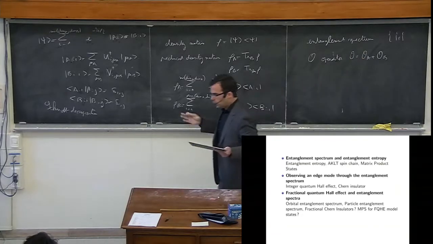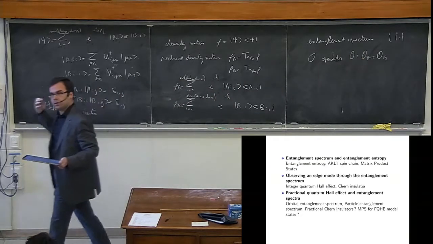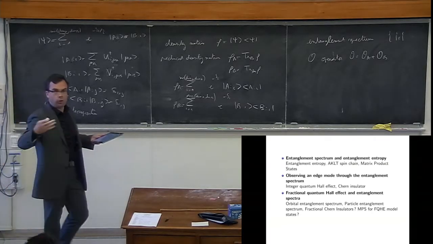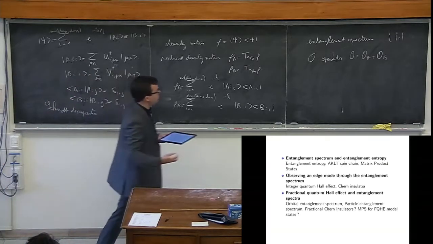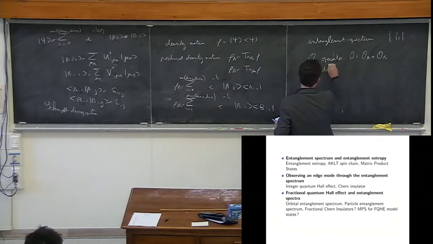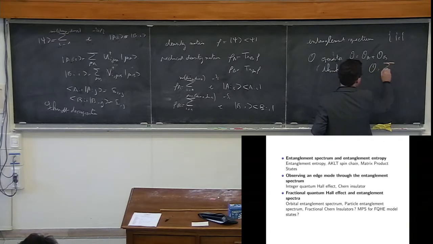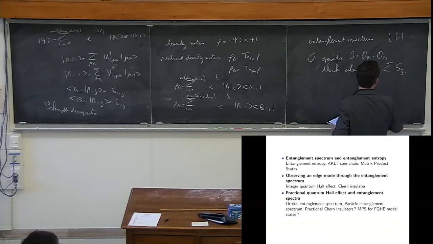So if you think about the example of the spin 1/2 chain, take O to be the sum of all the SZ, right? Think about O being just the sum over SZI, or SZN, let's say, up to the number of spins.